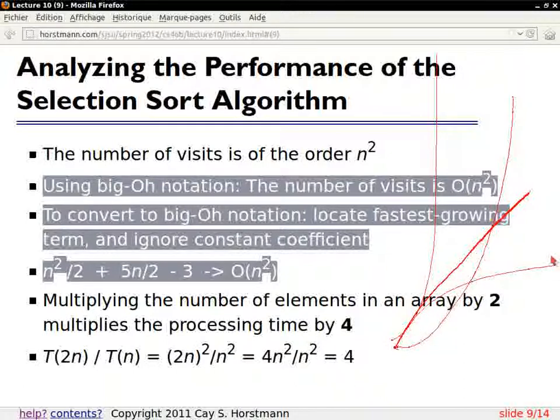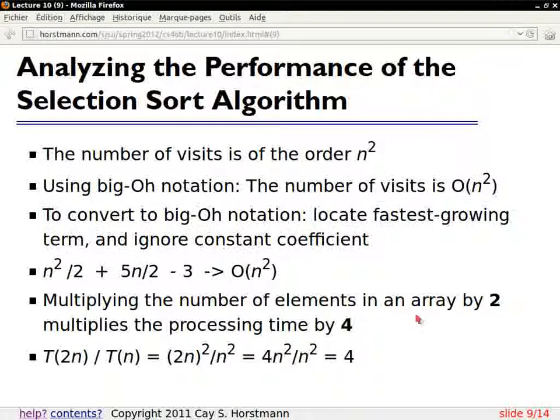So it's the growth behavior, and for that the rule is very simple. You figure out what the growth is, and then you only look at the most important term. So over here, we're only going to be looking at the square. So this stuff is a linear term. We don't care about it. This is a constant term. We really don't care about it. And the other thing is, we don't care about the factor.